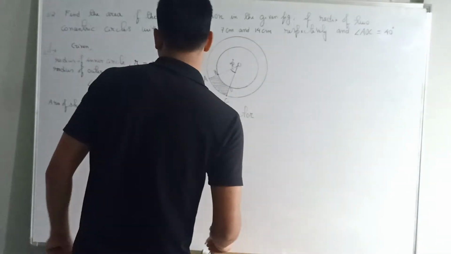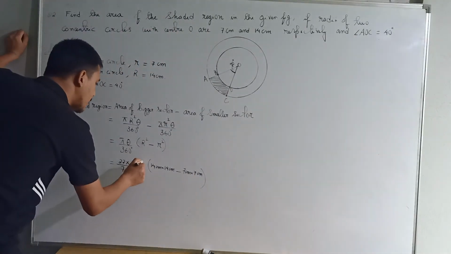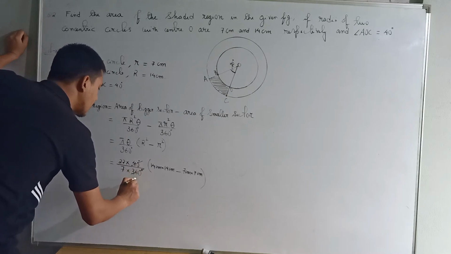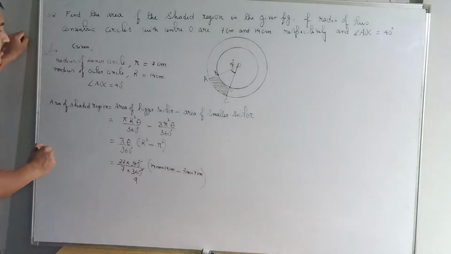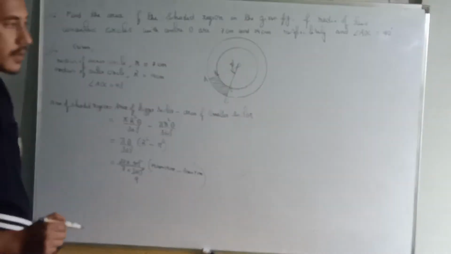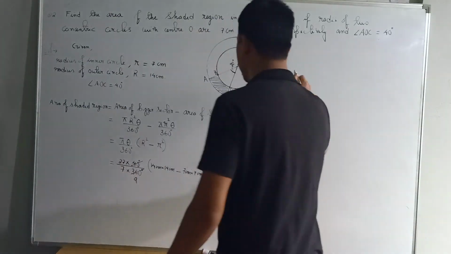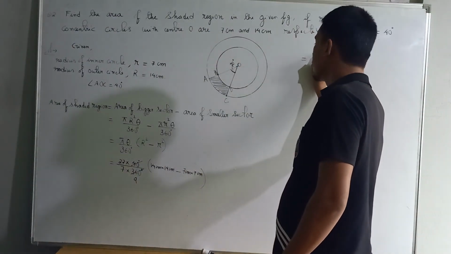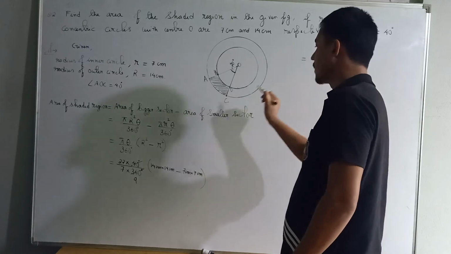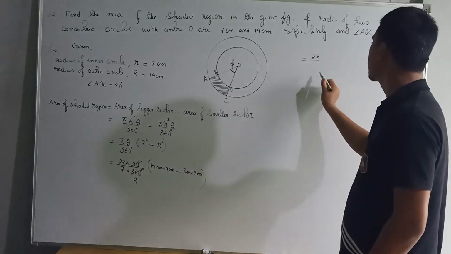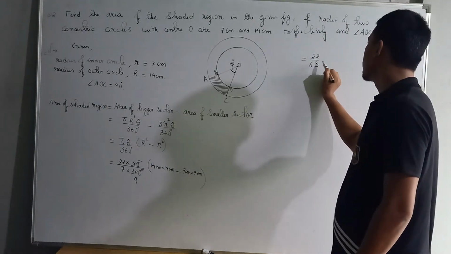Now this is equal to, okay, we can cancel here, 40 degrees, 9 times is 360 degrees. Alright, so what we have here is 22 upon 7 times 9 is 63.